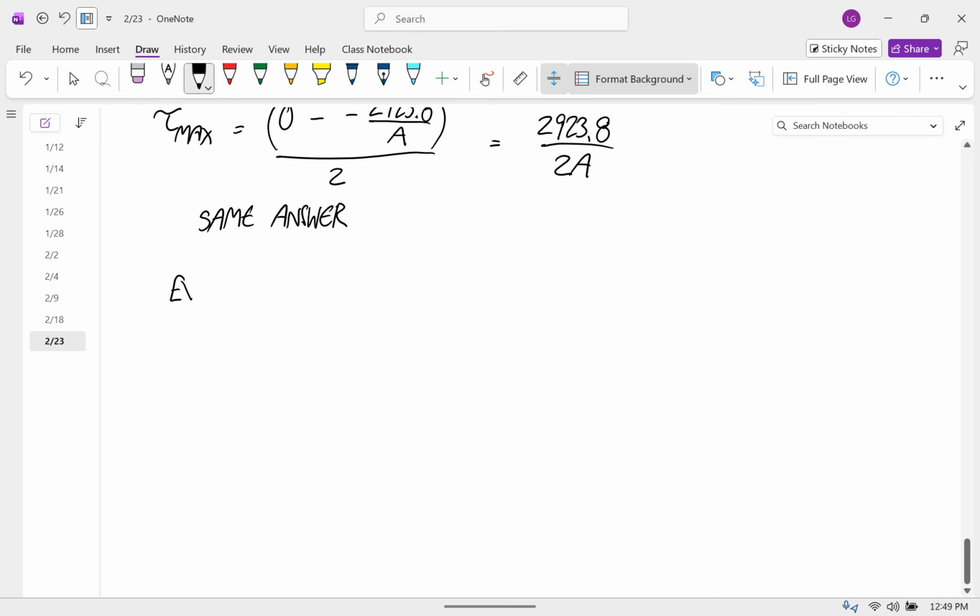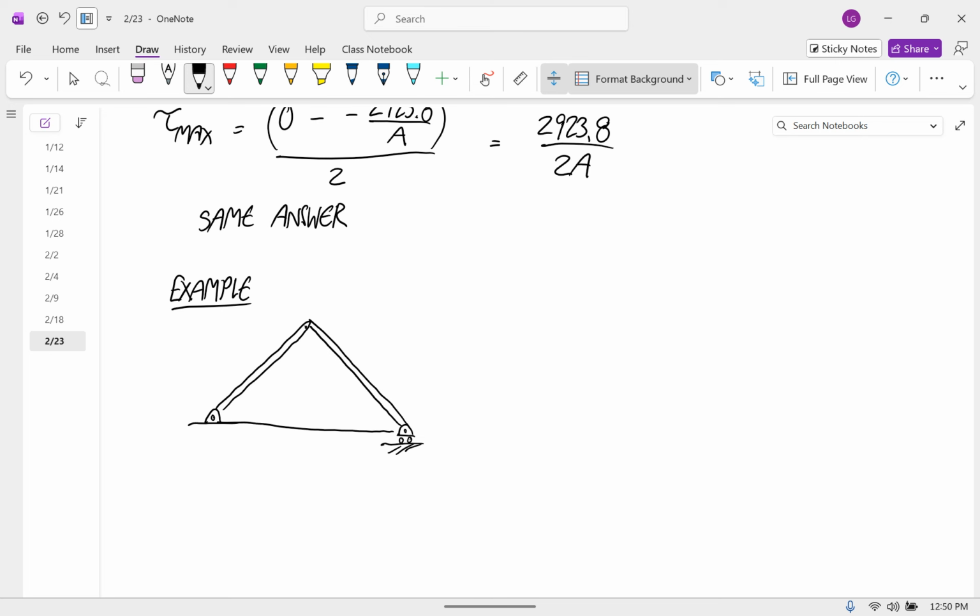Okay, so let me write one of these up here and give you a chance to work through a truss calculation. So let's say that we have, so this is going to be an equilateral triangle. Doesn't look like it, but it is. And we have a roller over here.